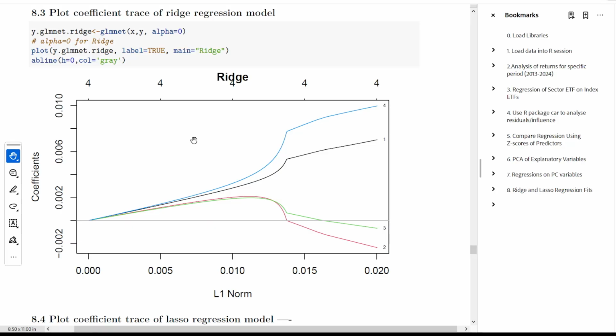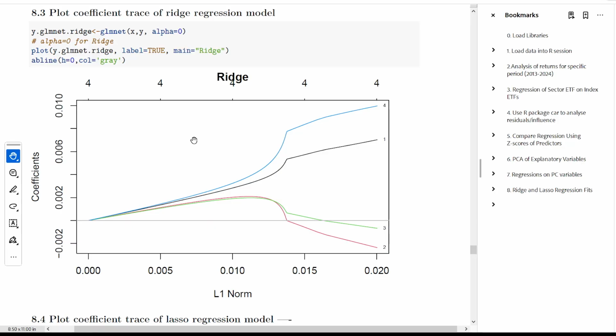And if we look at the L1 norm of these estimates, one can see how as one decreases the penalty for the complexity of the regression parameters, we get final estimates given by these ending values.